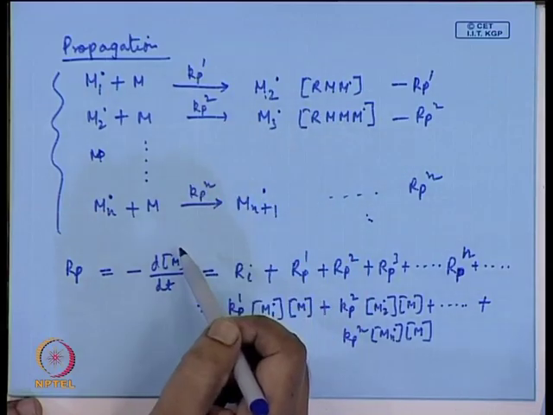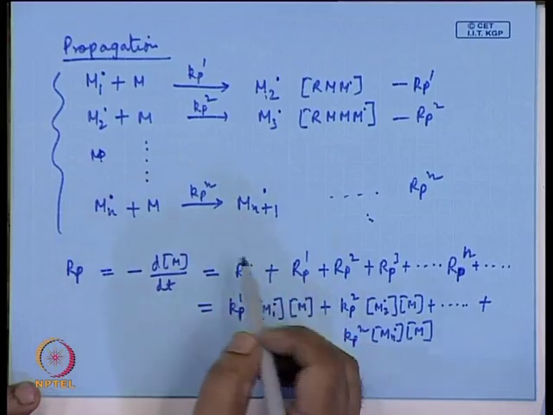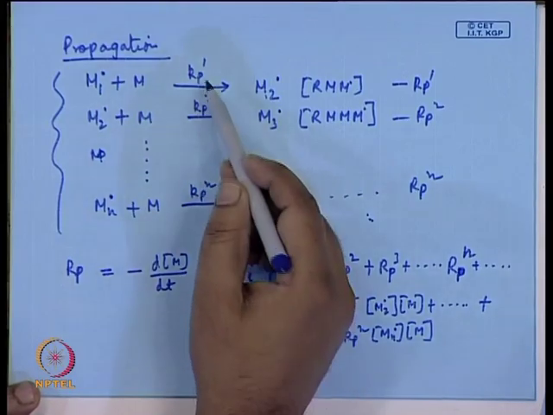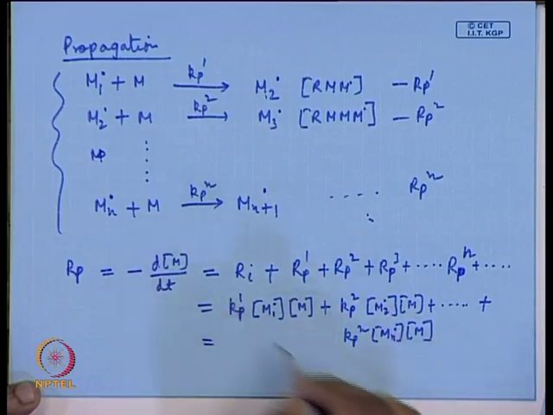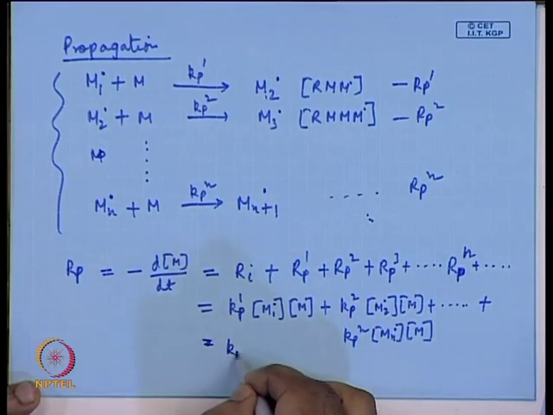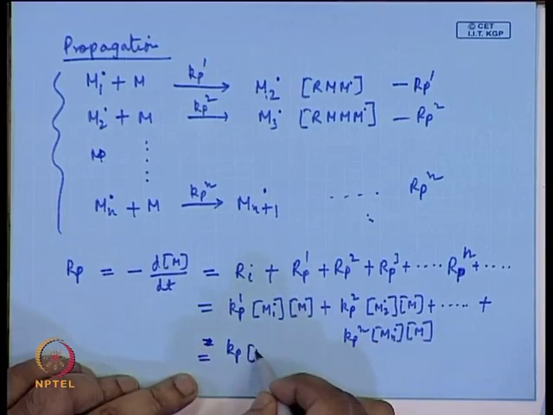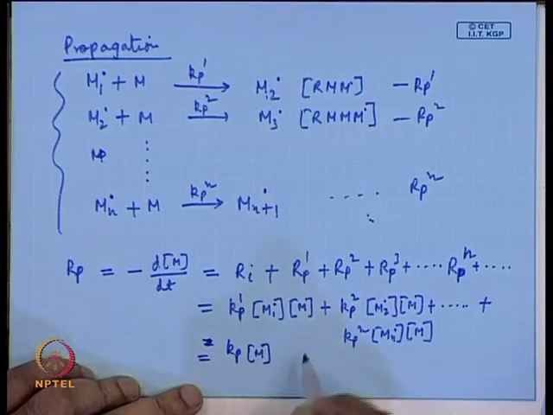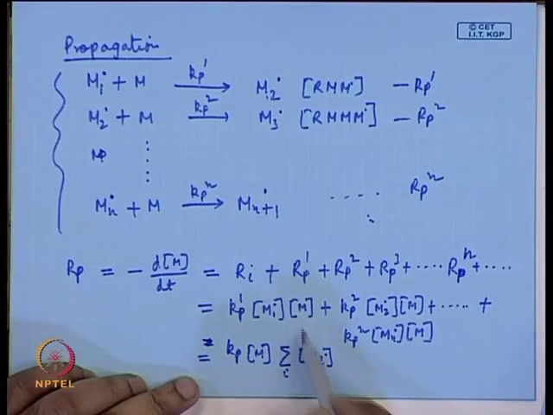So, that is the assumption we are making, that all these rate constants are equal, and so we can write all the rate constants as Kp, and M is there everywhere. So, I can write the summation of Mi dot.